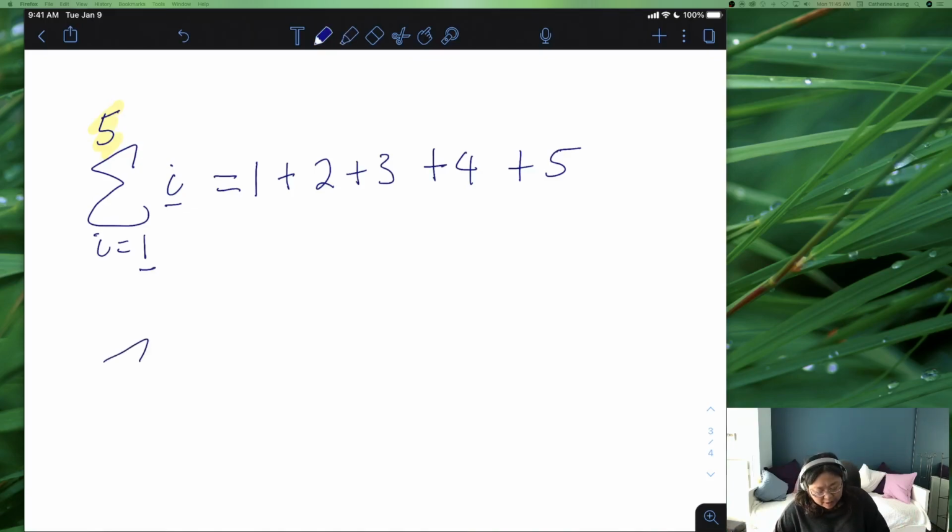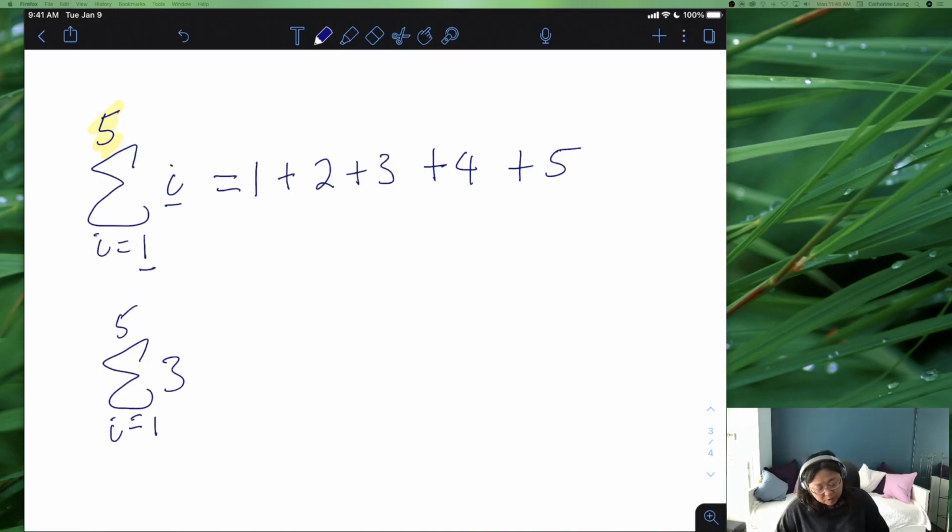Now, if I then wrote i is equal to 1 to 5 of the value 5, what would that do? Actually, let's make it a little bit, this might be better, 3. i is equal to 1 to 5 of 3.